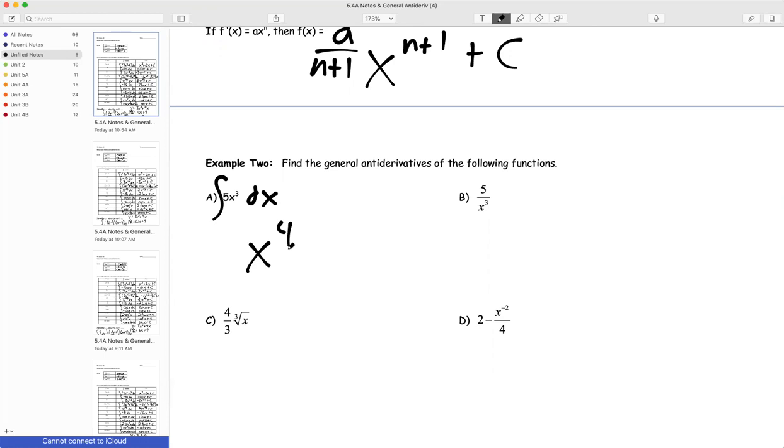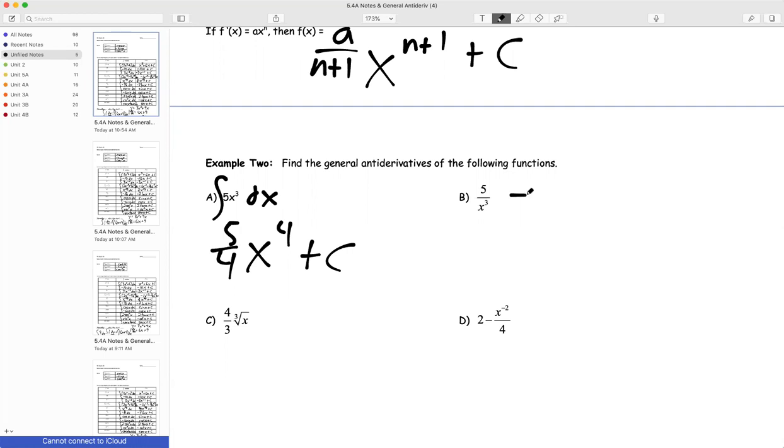And then I'm going to divide the new exponent into my coefficient. So that gives me 5/4. I add a plus c on there, and you could check it, right, by taking the derivative. 4 times 5/4 gives me 5, and then I subtract 1, which gives me x to the 3rd, so it's good.